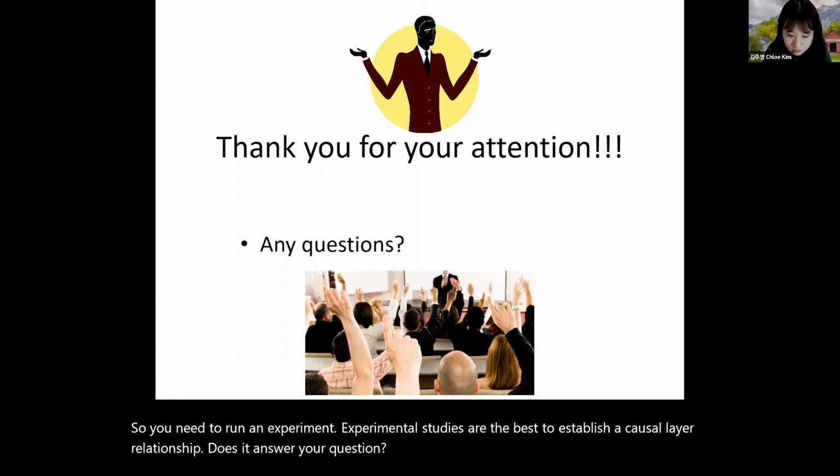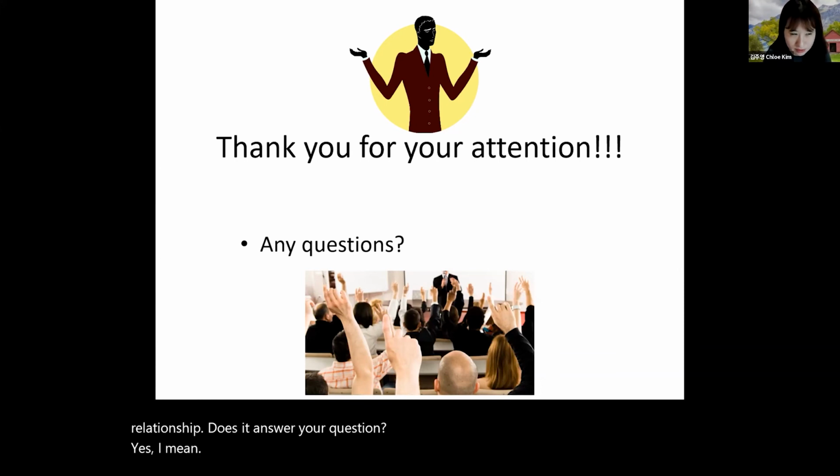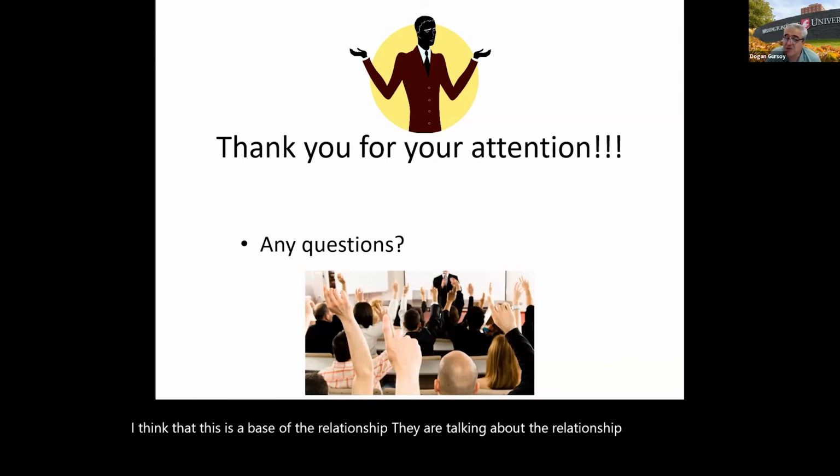Yes, and so if I'm not wrong, some lecturers mention causality in SEM, should I understand that as prediction, the direction way? Yeah, I think this is based on the relationship. They are talking about the relationship, but we don't know if that thing is causing that effect, because we are not controlling for other things.